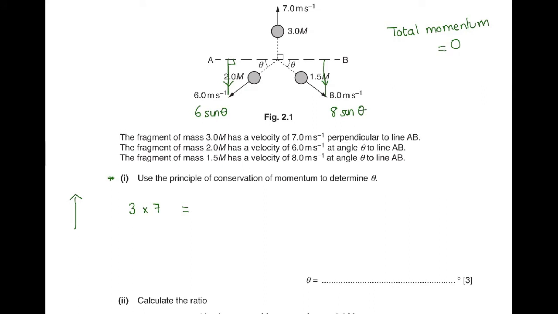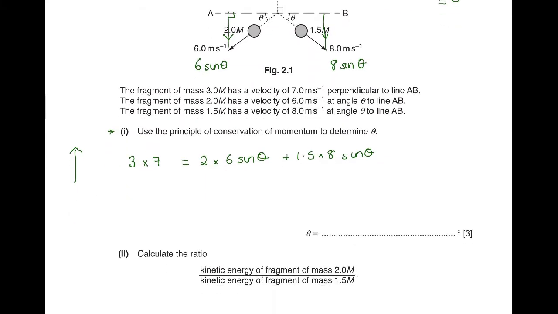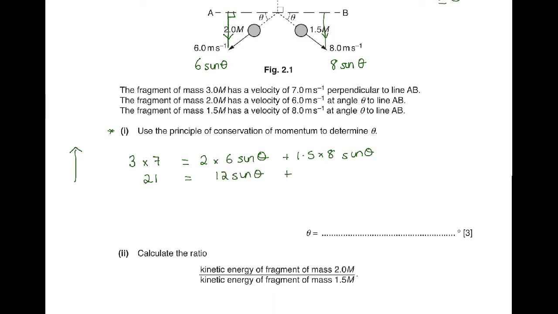So what have we got then? For the one on the left, we've got 2m times 6 sine theta. And for the other one, we've got 1.5 times 8 sine theta. So 3 times 7 is 21, 2 times 6 is 12 sine theta, 1.5 times 8 is also 12 sine theta.